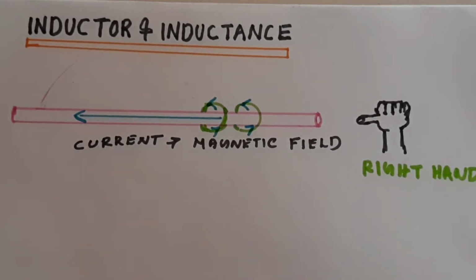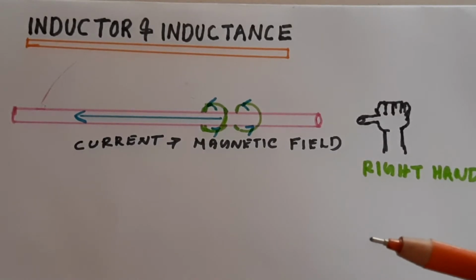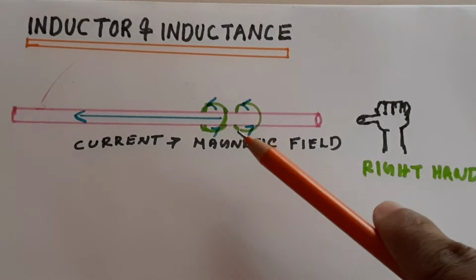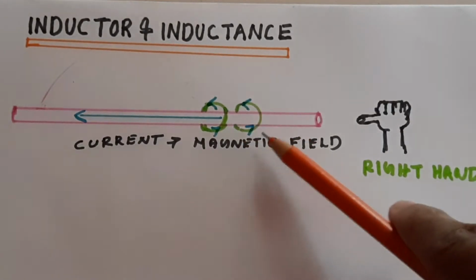Just like when we travel in a vehicle at a certain speed and we suddenly stop it, the vehicle stops, but the person inside the vehicle moves towards the front. The vehicle stops, but he moves with the same speed as the vehicle, and it wants to be constant. Like that, our magnetic flux also wants to be constant.